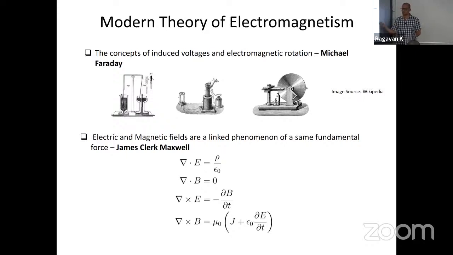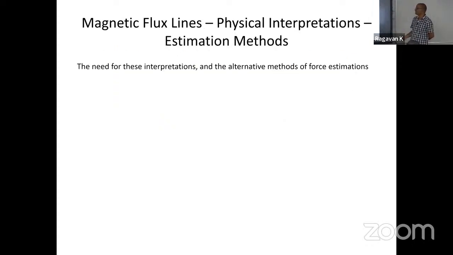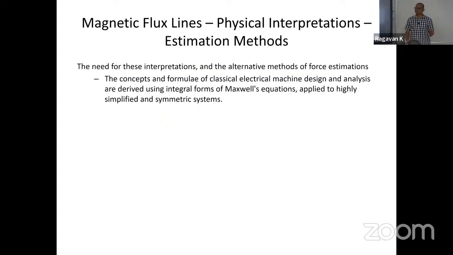You will have the LHS and RHS the same, right? So these kinds of integral forms of the differential forms are applied to highly simplified and symmetric systems to bring out a set of principles or equations which help us in design and analysis, right?